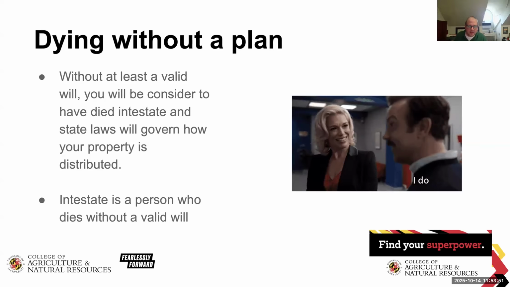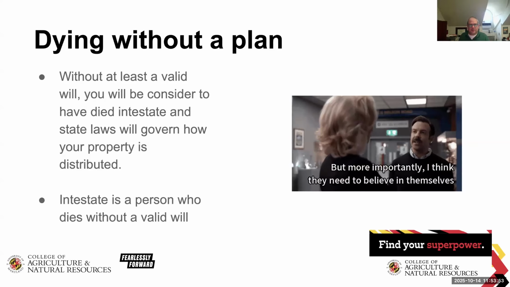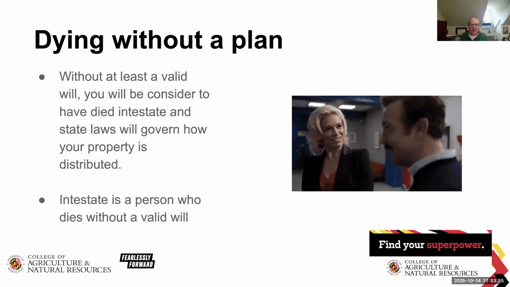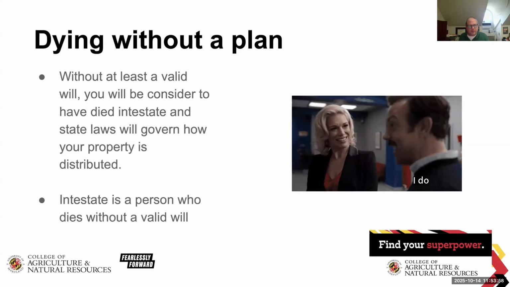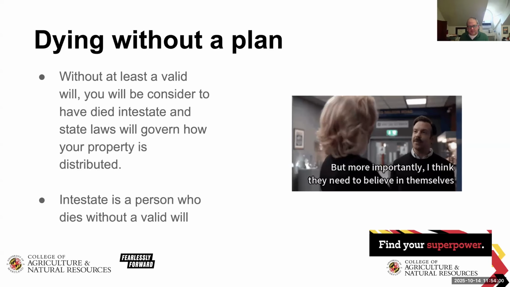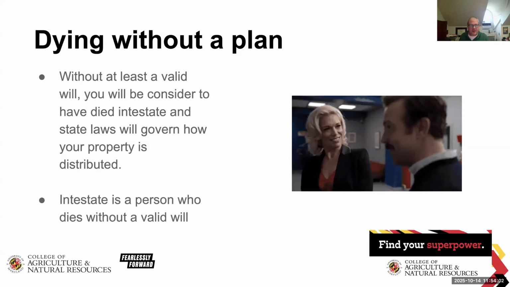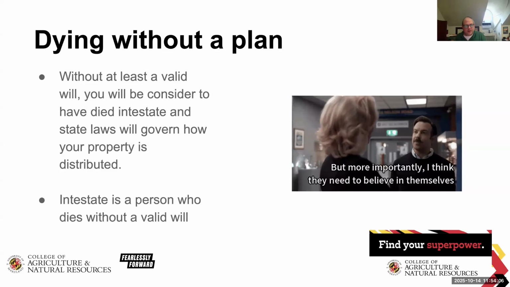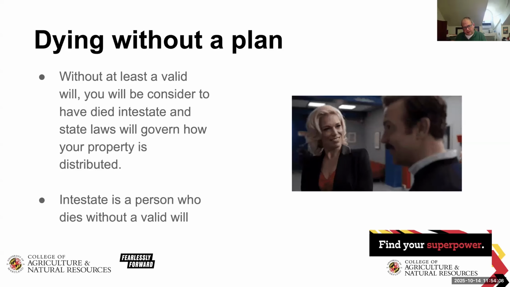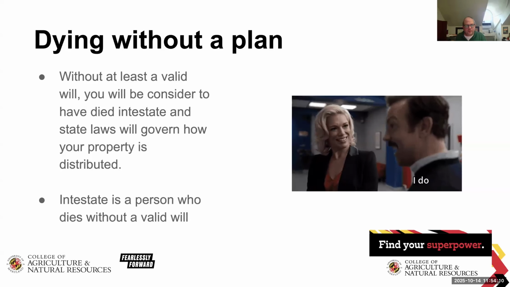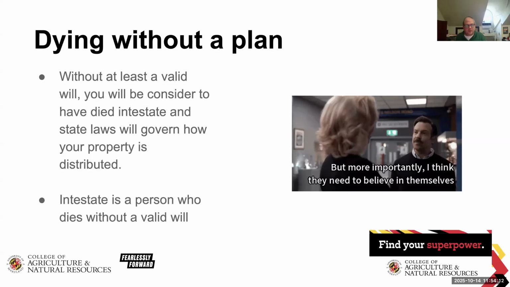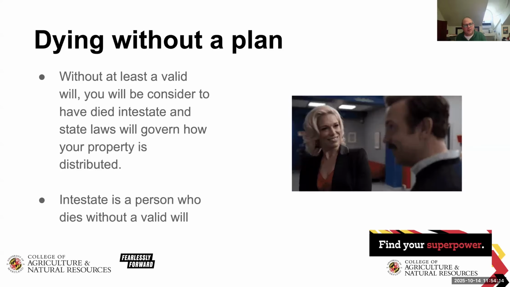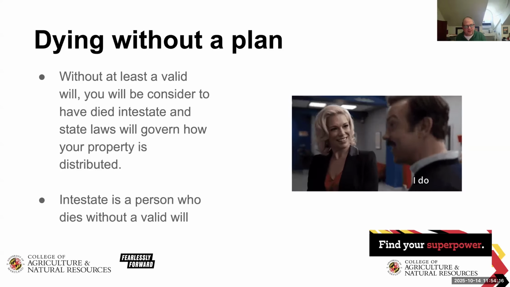So for the most part, it's where you're domiciled at the time. Real property outside that state becomes an issue because we may actually have to follow the real property laws in the state where the property was located. But for the most part, if we're all just in one state, it's going to be distributed according to the state laws of the state we were living in.